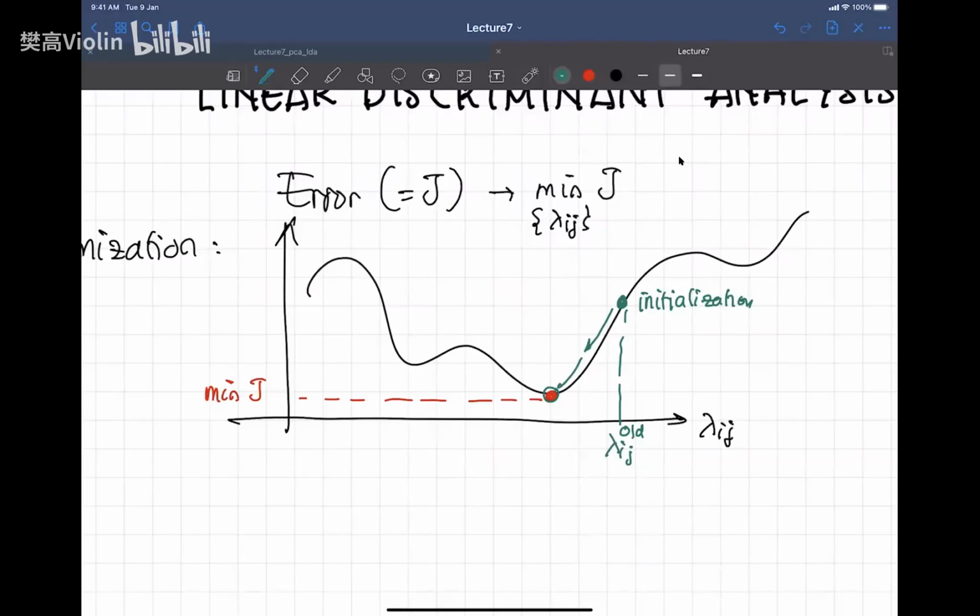But if your initialization is here, then lambda ij old is there, and it rolls down, down, down up to here, and then stops. This is called a local minimum. This one is called the global minimum.